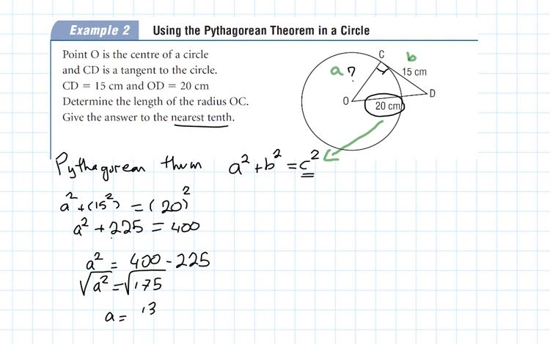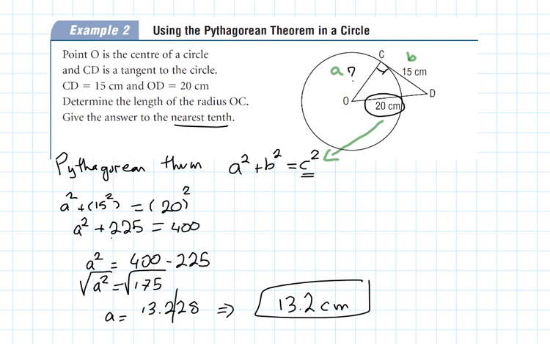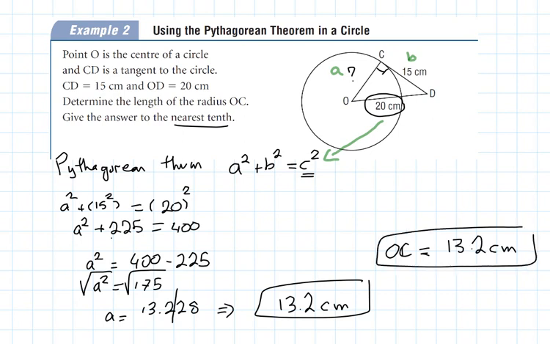We draw a line there when we round off, and that will say 13.2 centimeters is the length for side A, as we called it A. So OC equals 13.2 centimeters. Okay, that's it.